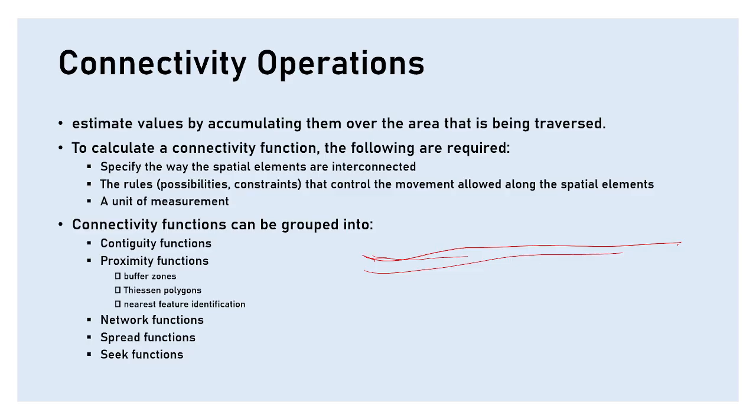Connectivity functions can be grouped into contiguity functions, proximity functions, network functions, spread functions, and seek functions. The first one is contiguity. I'm not going to discuss it in much detail because we don't have that much time. But contiguity basically measures and characterizes spatial units that are connected.